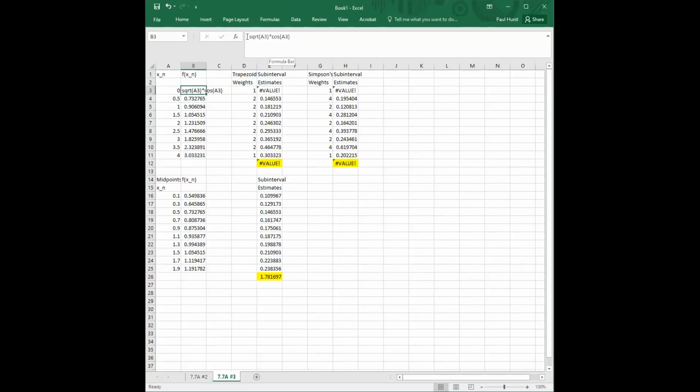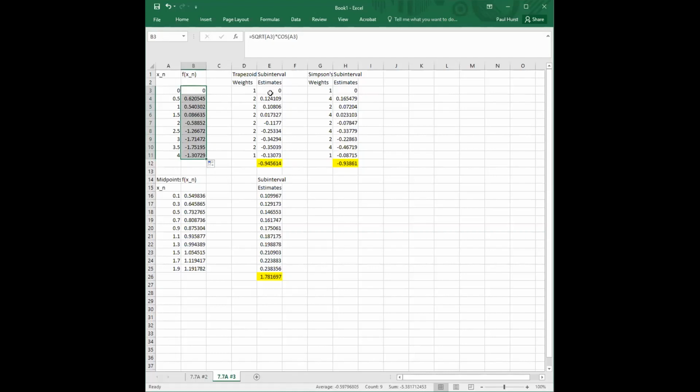Wait, I should put equals. Equals that. Okay, so there we go. It's equal to that. And then just drag that down. I didn't drag it far enough. Okay, so it adjusted.